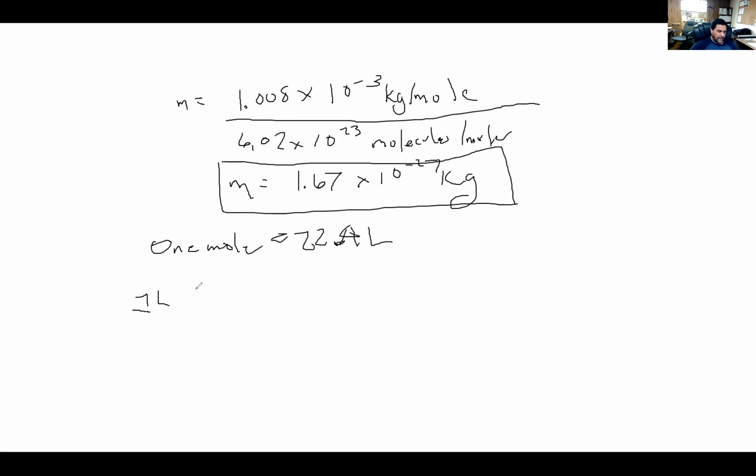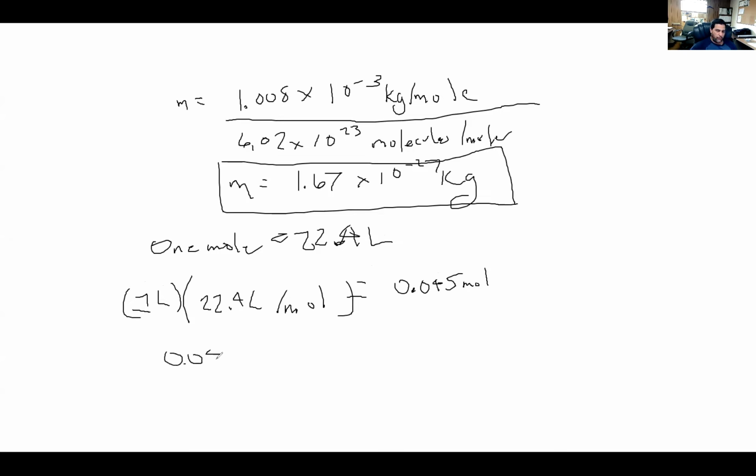If you have 1 liter and you know that there are 22.4 liters per mole, you get 0.045 moles. But how many molecules is that? Well, Avogadro's number is the number of molecules per mole.